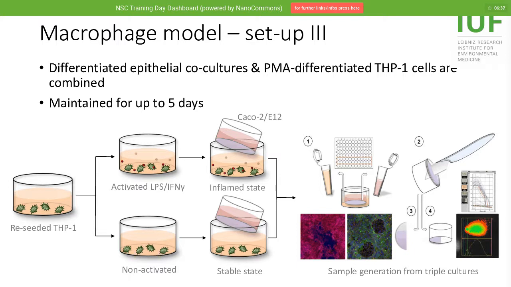If you focus on just the stable or the healthy model, you can directly proceed by placing your epithelial transwell cultures onto your THP1 cells and you're done. If you want to use the inflamed model, the THP1 cells first have to be activated with a cocktail of lipopolysaccharides and interferon gamma, which has to take place for about 4 hours before the epithelial transwell cultures can be placed on top.